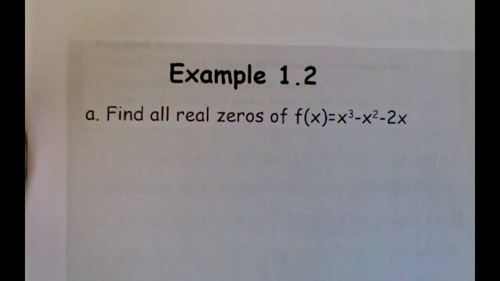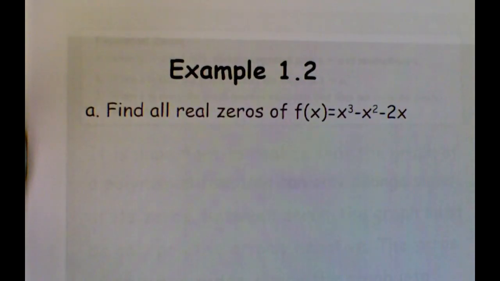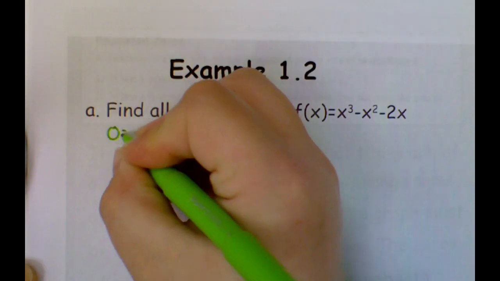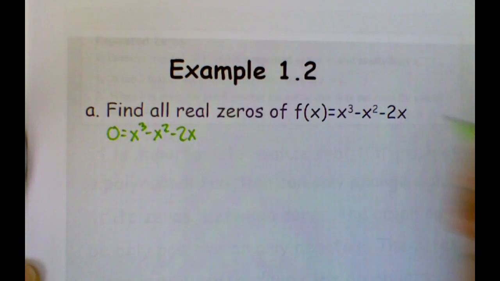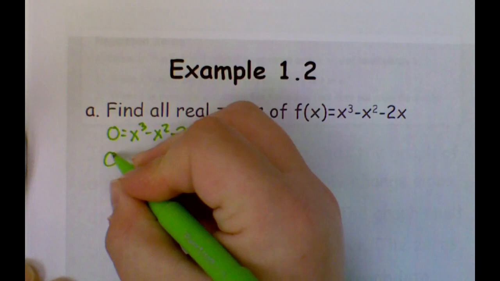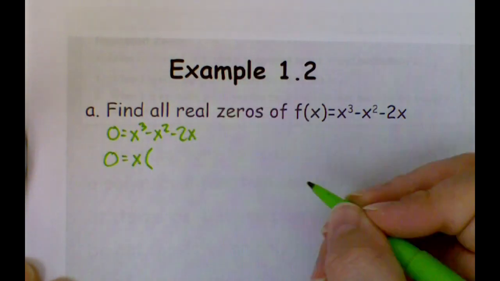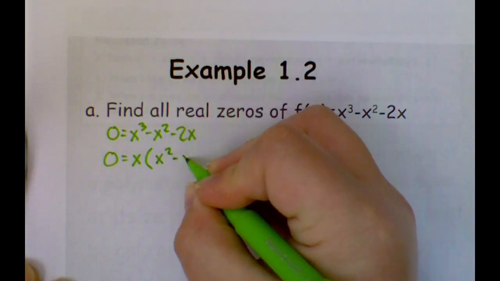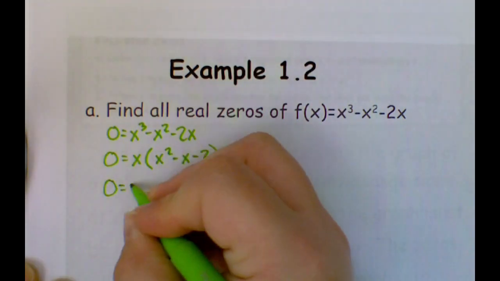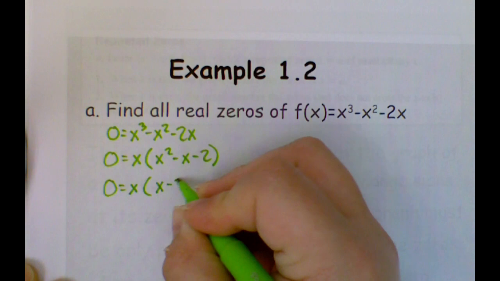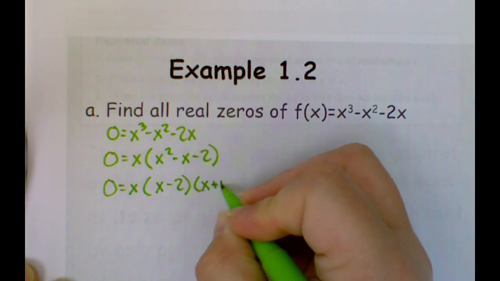So now we're going to find all the real zeros. To find the zeros, we just take our function and set it equal to 0. I factor if I can, so I take out an x because that's my GCF. I have x squared minus x minus 2. Factor what's left, so I have this x hanging out. I get x minus 2 times x plus 1.